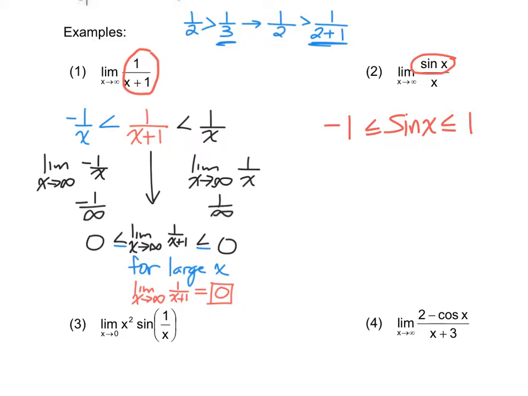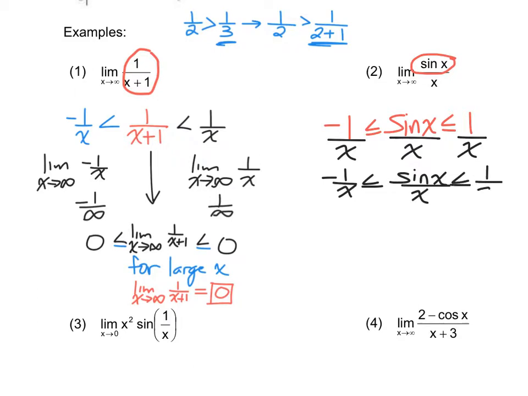All right, so in order to do that, I'm going to divide everything by x. All right, so the middle of this expression is exactly the way we want it to be.